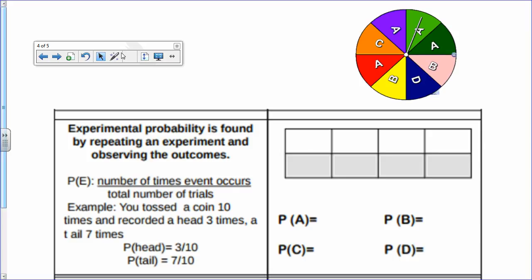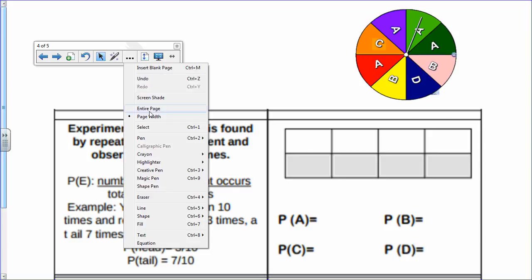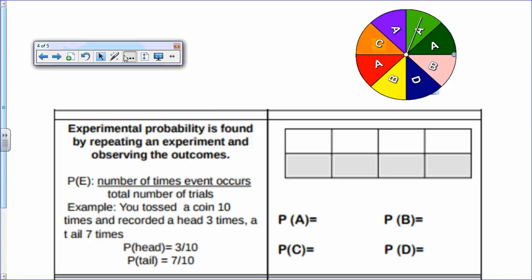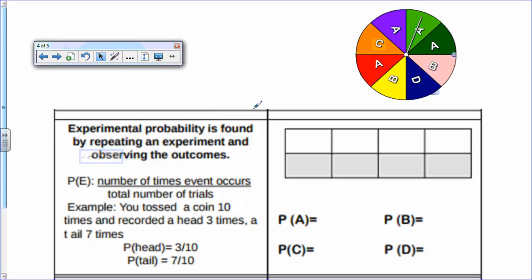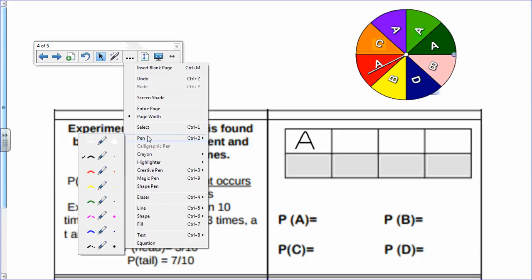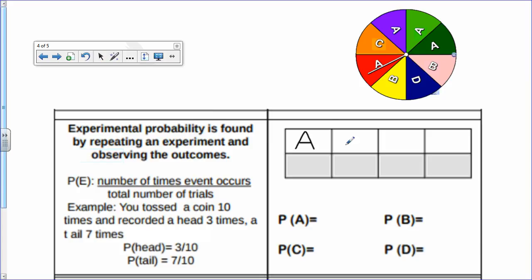So in the first spin, I get an A. Find my pen here. First spin, I got an A. Second spin, I got another A. So this is why it's important to make sure that I do my experiment more than twice.